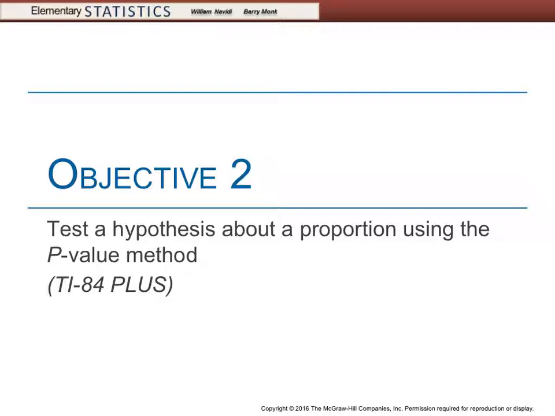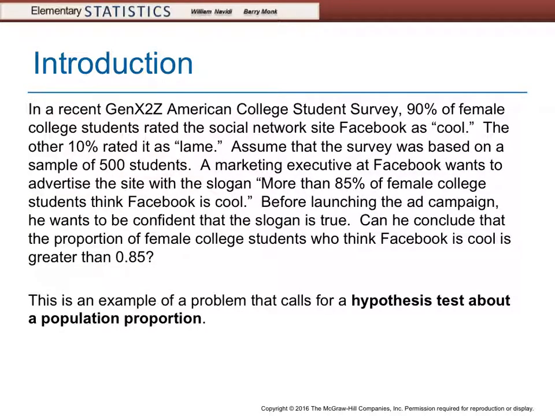We'll now do the same problem to test the hypothesis using the TI-83 or 84. So again, we're looking at the same problem. In the American survey, we found that 90% of the female students rate the social network Facebook as cool. Another 10% rated it as lame.